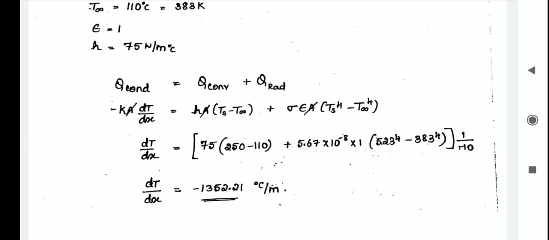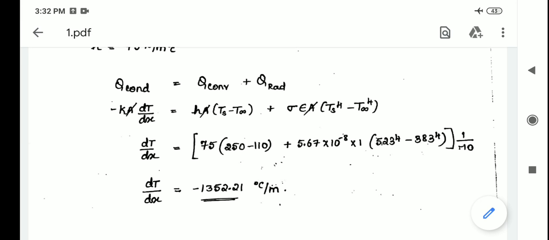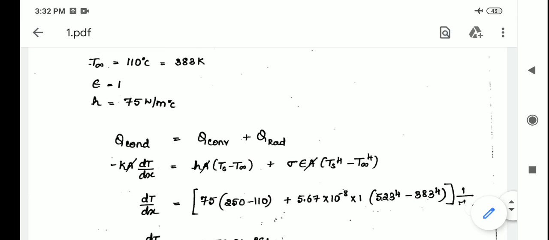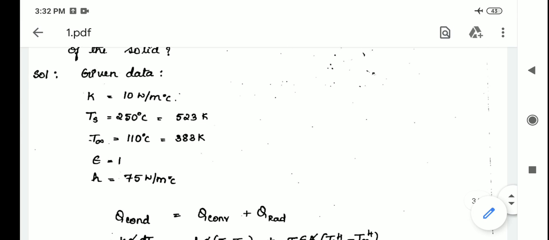So dT by dx equals, in the bracket, 75 into (250 minus 110) plus 5.67 into 10 raised to minus 8 into emissivity 1 into (523 raised to 4 minus 383 raised to 4), multiplied by 1 divided by K, where K is 10.